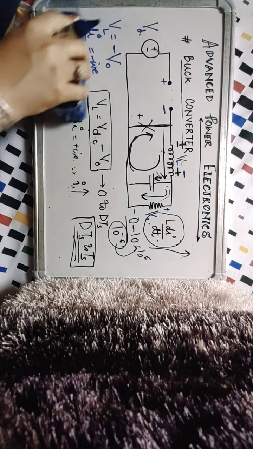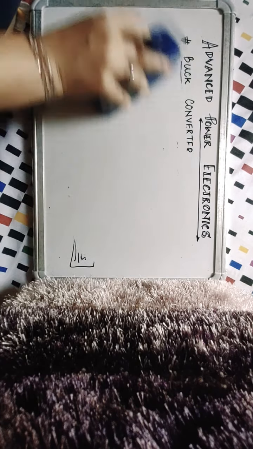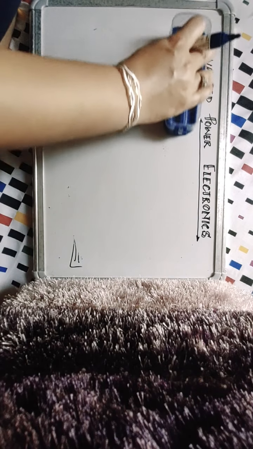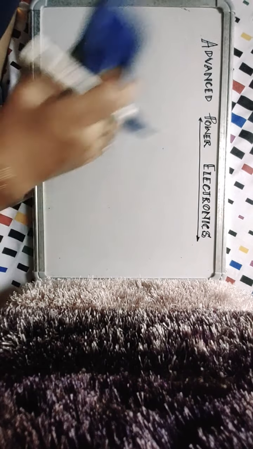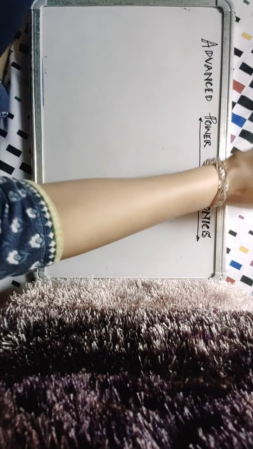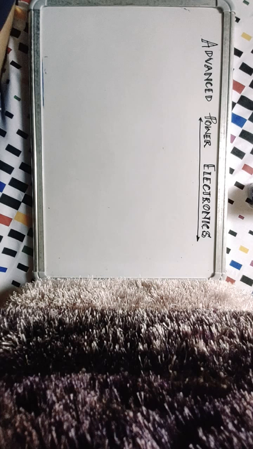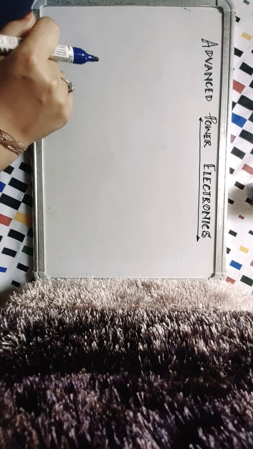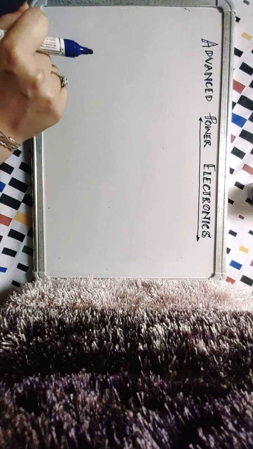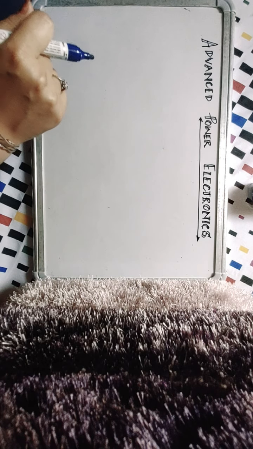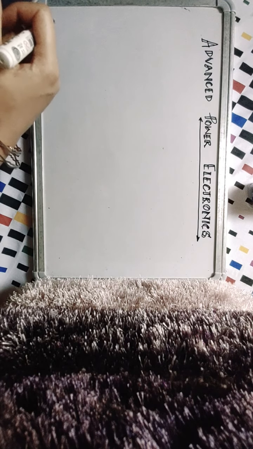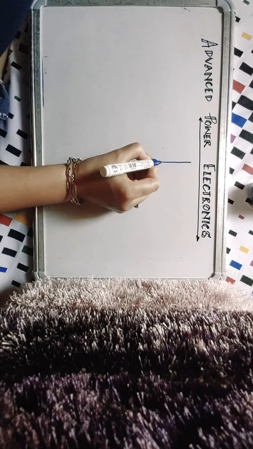Now, from inductor volt-second balance, we know that in steady state, in a complete switching cycle, that is from 0 to DTS and DTS to TS together, your inductor should not have stored, consumed, or given away any net energy. I would like to explain something here.